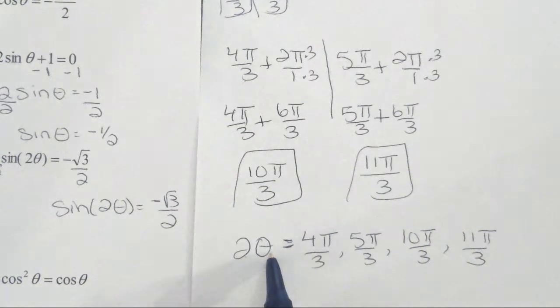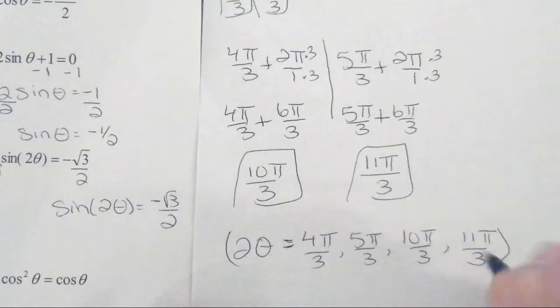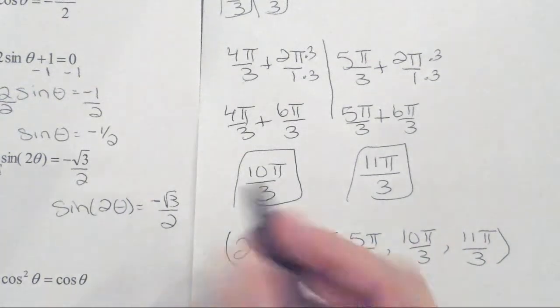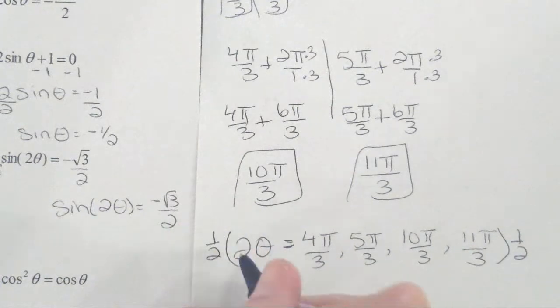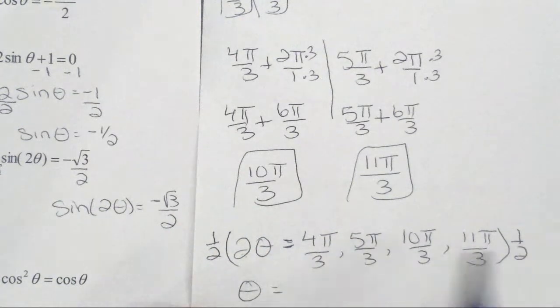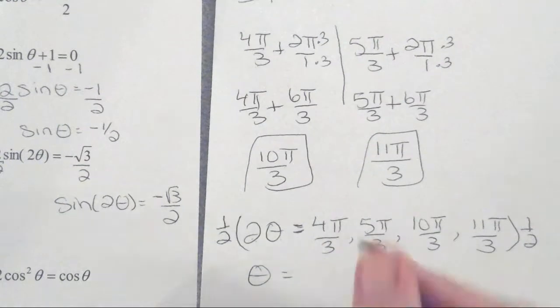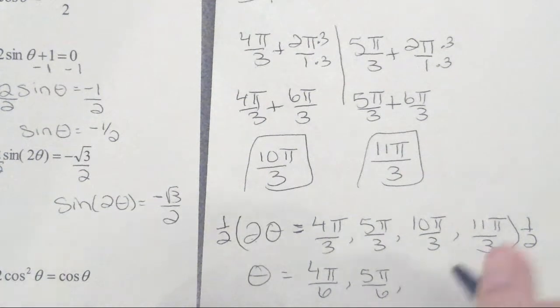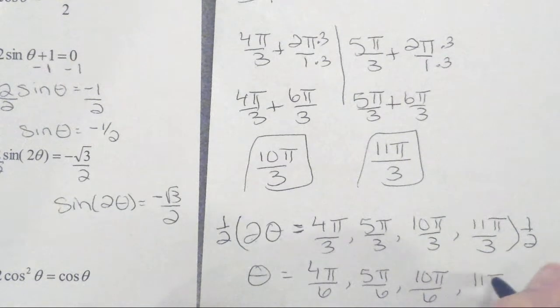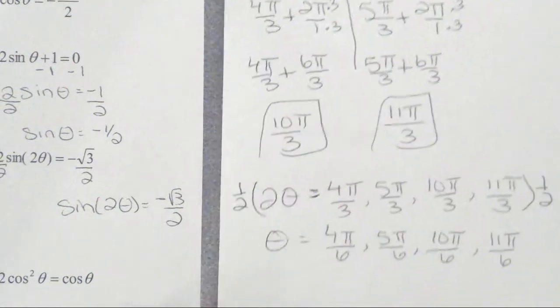In order to find out what 1 theta equals, I have to multiply everything by the reciprocal of 2. So 1/2 and 2 just gives me theta. I'm going to multiply all the tops by 1 and all the bottoms by 2. So I get 4 pi over 6, 5 pi over 6, 10 pi over 6, and 11 pi over 6.